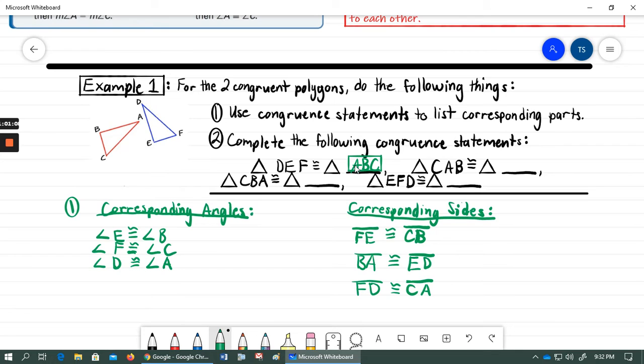Now, if we complete this next one with triangle CAB, then the part that goes with C is F, the part that goes with A is D, and the part that goes with B is E. So triangle CAB is congruent to triangle FDE.